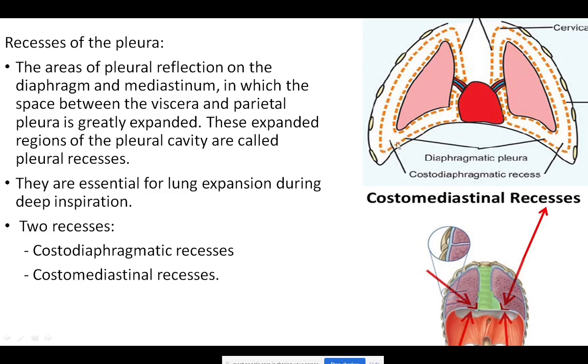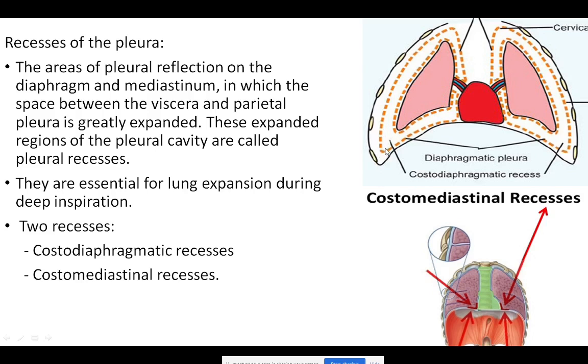The space which forms at this area, which is greatly expanded, is known as a recess of the pleura. This expanded region of the pleural cavity is known as the pleural recesses. The recesses of the pleura are essential for lung expansion during deep inspiration.